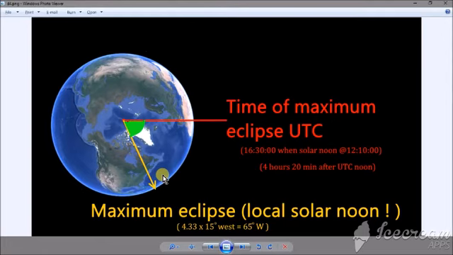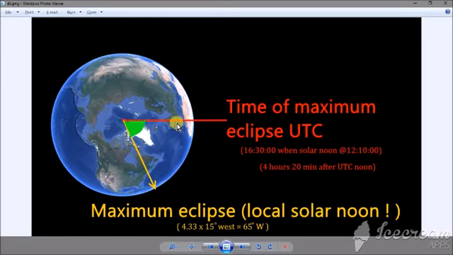It's very easy. We get the time of the maximum eclipse from timeanddate. Let's say it is 16:30, when the solar noon for that place, London for example, is 12:10. So the eclipse happened 4 hours and 20 minutes after the solar noon in London.